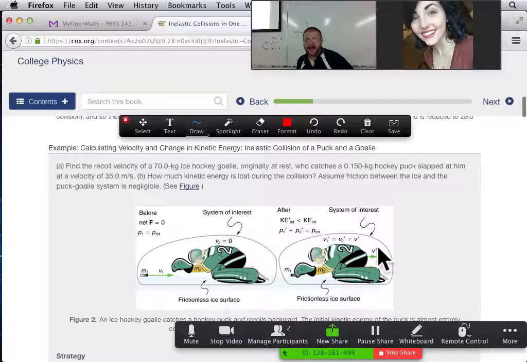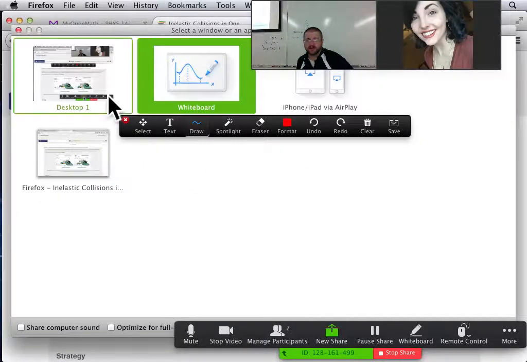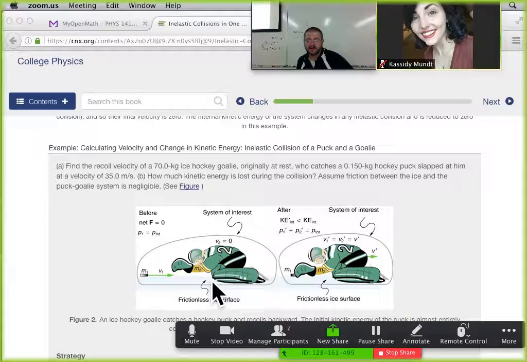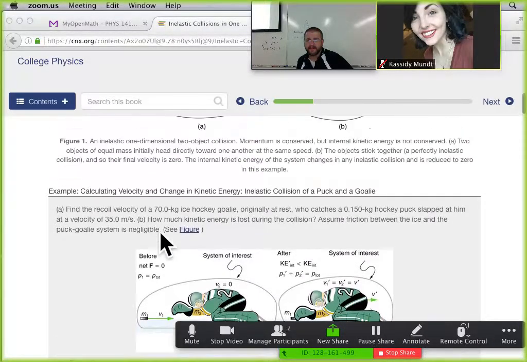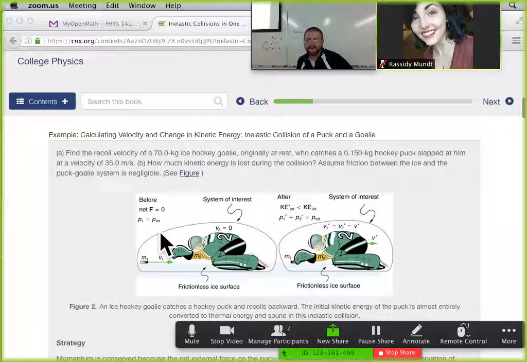So let's take a look at this example. We have our puck and our goalie example. Let's go back to our screen share here. There we go. So here is the goalie catching the puck. We have an ice hockey goalie that's 70 kilograms.